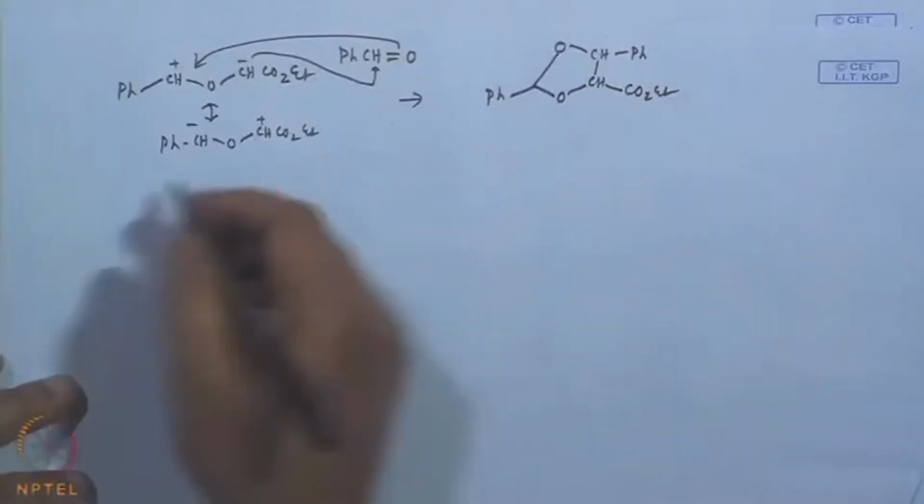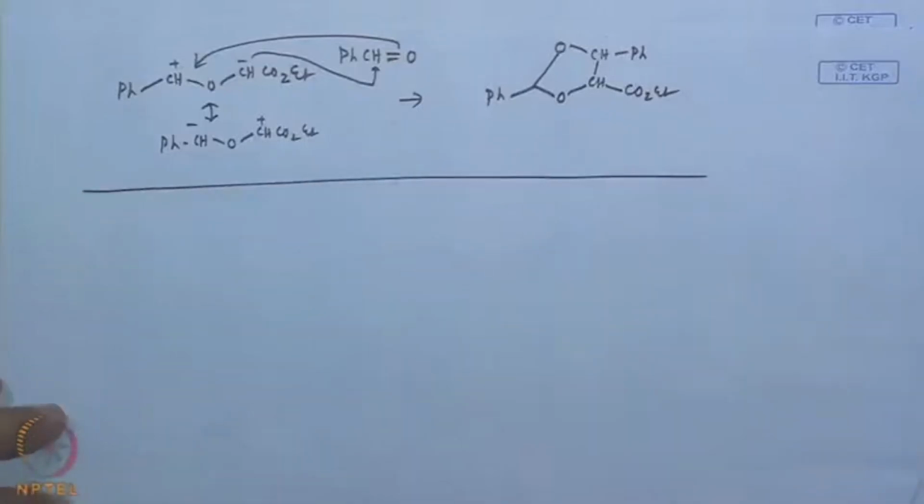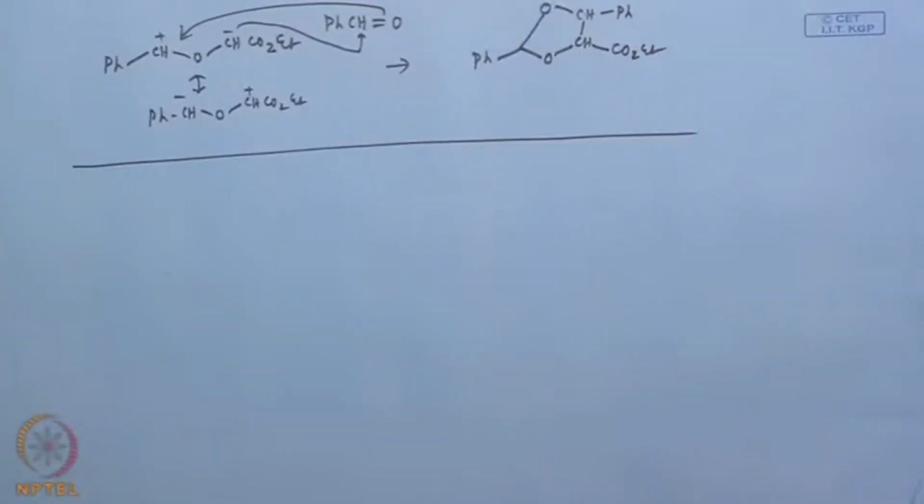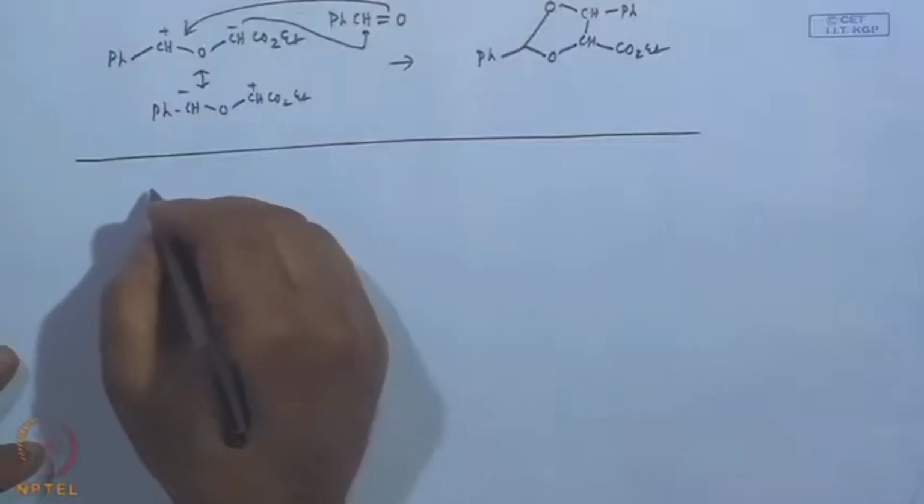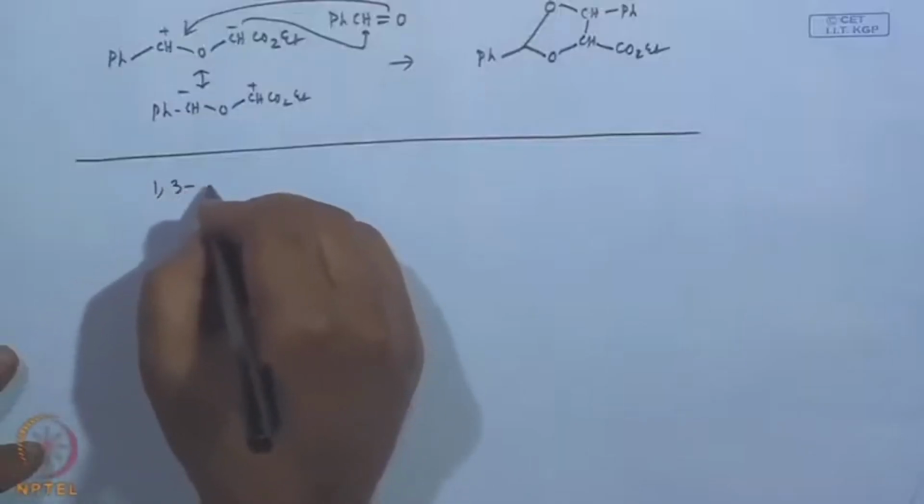Then just very quickly, in principle what you need is a heteroatom, like oxygen, nitrogen, etc., and in all cases the product you get is a heterocyclic product. So, what are the possible 1,3 dipoles?